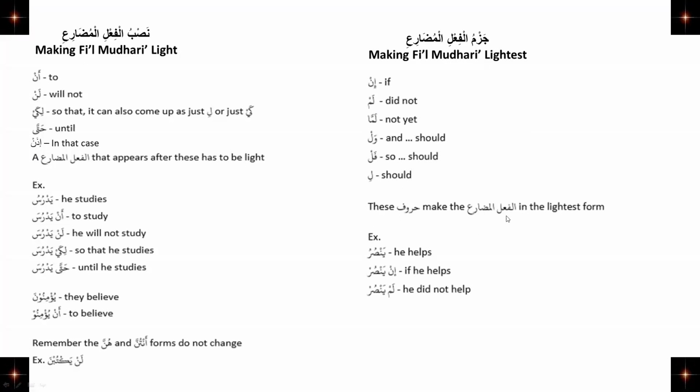Here the harfs make the fi'l mudari lightest. They put them in the lightest form. So you say yansuru and you say in yansur or lam yansur. So these letters need to be kept in mind. This one makes fi'l mudari light. This one makes fi'l mudari lightest.